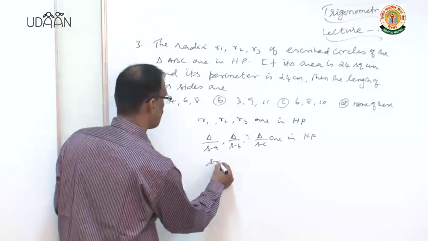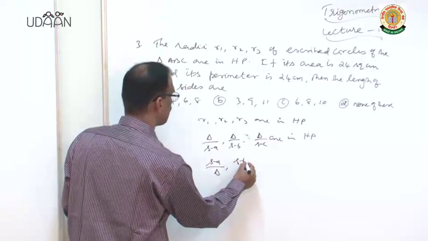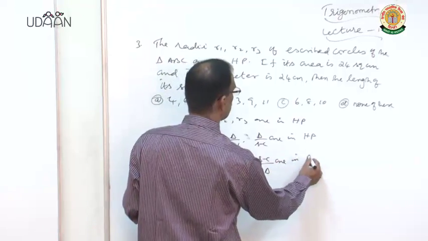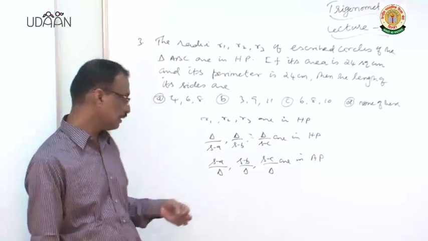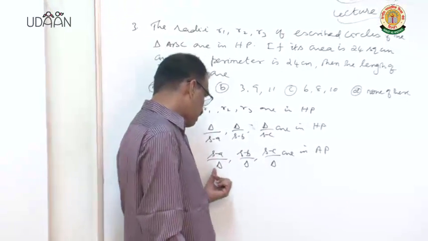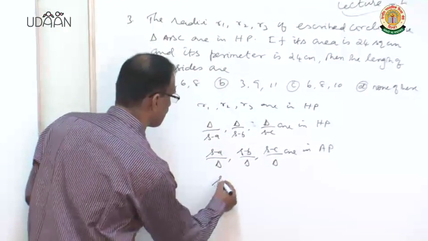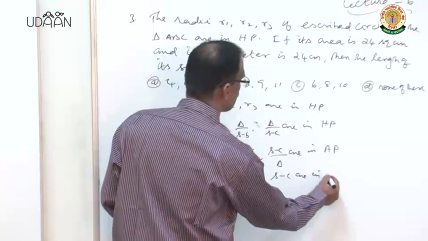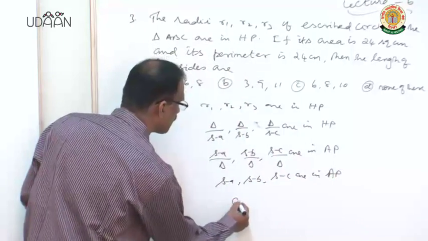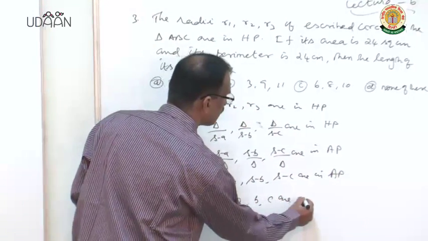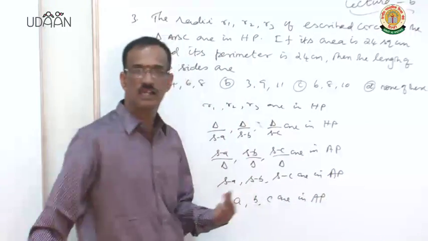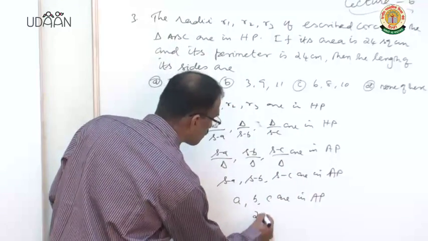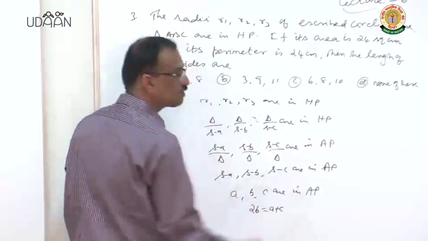Therefore (S minus A) by del, (S minus B) by del, (S minus C) by del are in AP. Now this del is a constant, so we can say S minus A, S minus B, S minus C are in AP, or in other words A, B, C are in AP. A, B, C in AP means 2B equals A plus C.